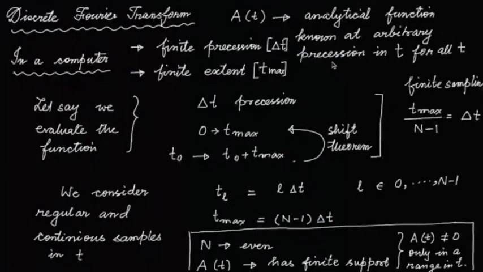All right, any question? Yeah, where we have written finite sampling, why did we divide by n minus 1 instead of n? Because we start with 0, right? So L can go from 0 to n minus 1. If I ask what are the values of TL, TL starts from 0.